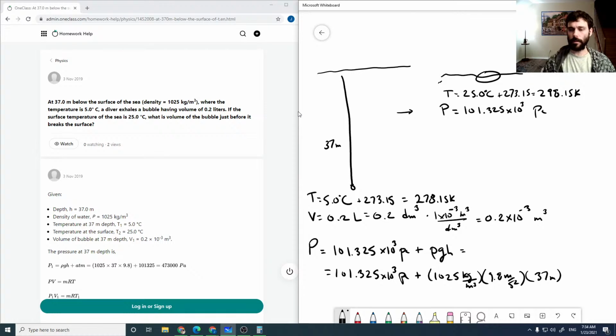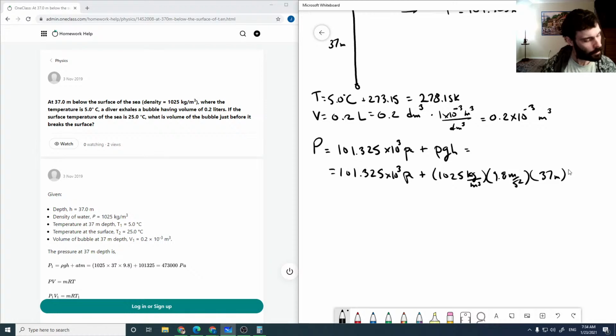Remember, a pascal is a newton per meter squared, which is what this is going to give us. So the units of pascal works. And so if we do this math out, then we get 472.990 times 10 to the 3 pascals.